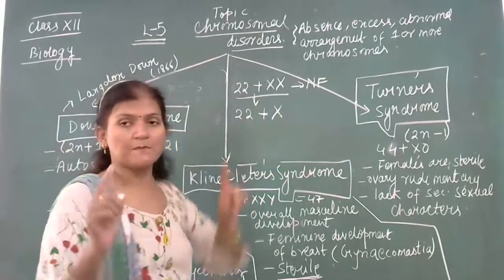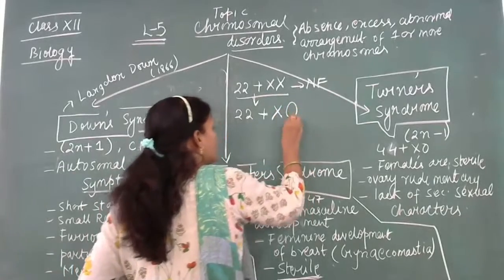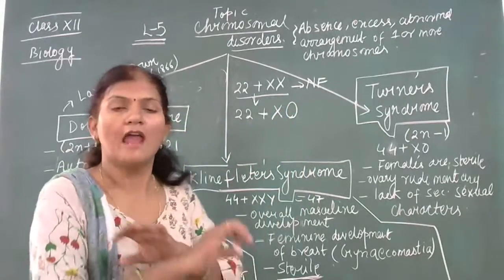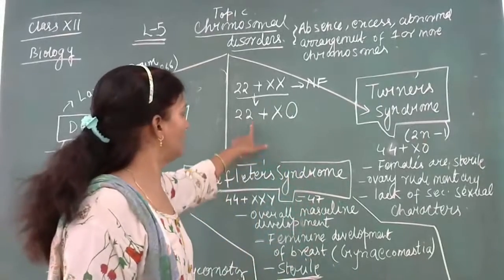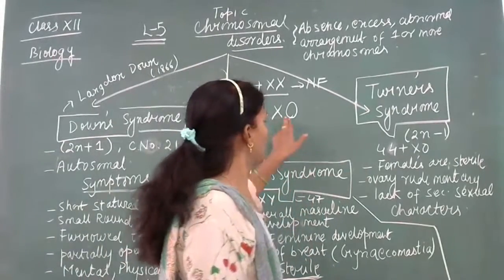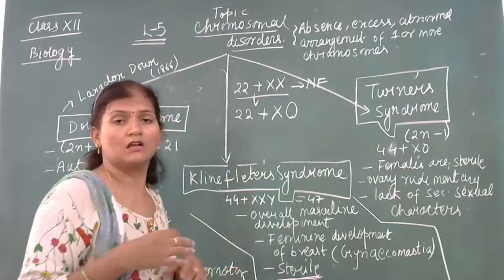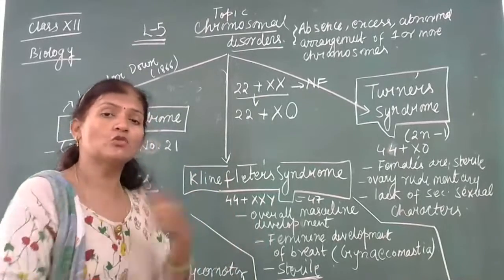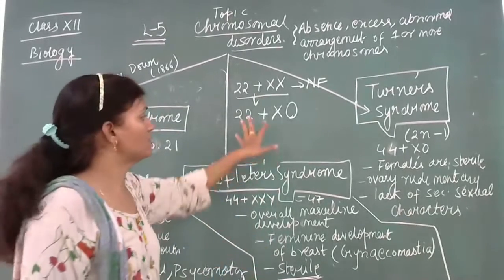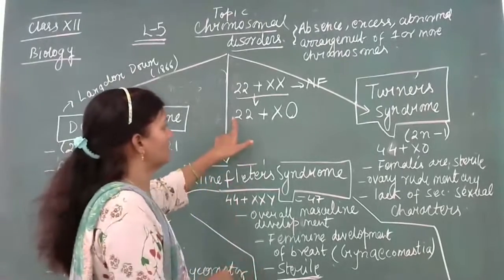Since there is absence of one X chromosome, we write here 0, or absence of X chromosome. So here it is 22 plus XO. If it is 22, it means a normal one. So if we make it a copy, this we are doing the paired one, meaning n. In n it is what?